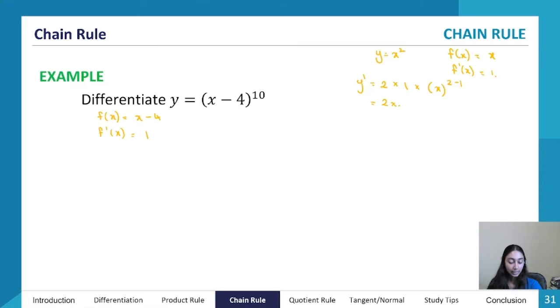Okay, so let's do our final y dash, which will be equal to n, so the power, which is 10, times f dash of x, which will just be 1, times f of x, x minus 4, to the power of n minus 1, so 10 minus 1, which gets me to 10 times x minus 4 to the power of 9. So see, it's a disgusting looking rule, but honestly, it's not that bad, right?